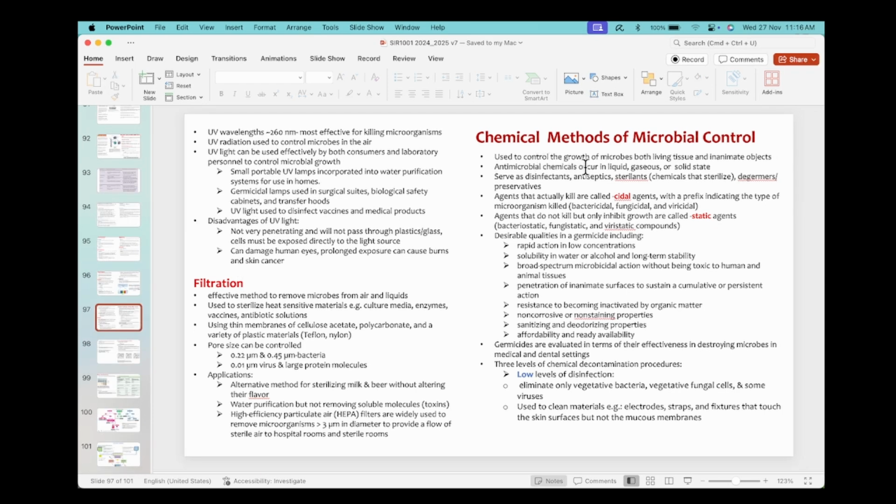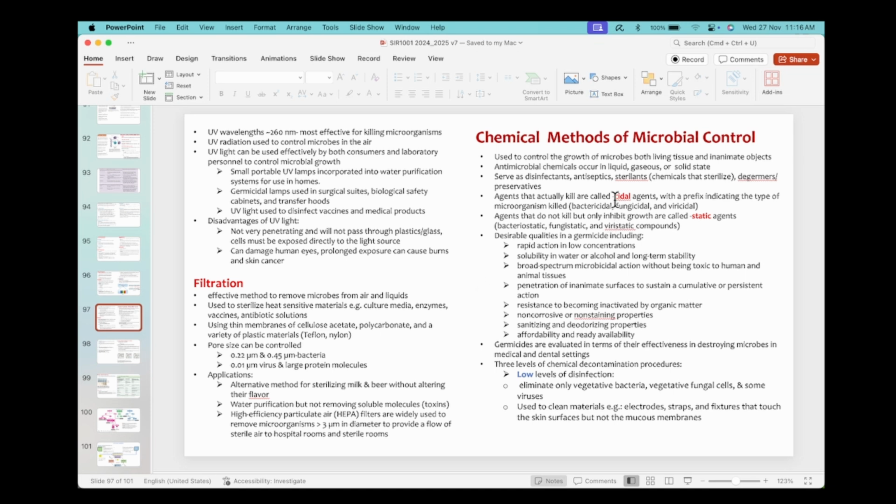For chemical methods of microbial control, these are used to control the growth of microbes on both living tissue and inanimate objects, and the antimicrobial chemicals can occur in liquid, gaseous or solid state, and they can serve as disinfectants, antiseptics, sterilants, degermers or preservatives.